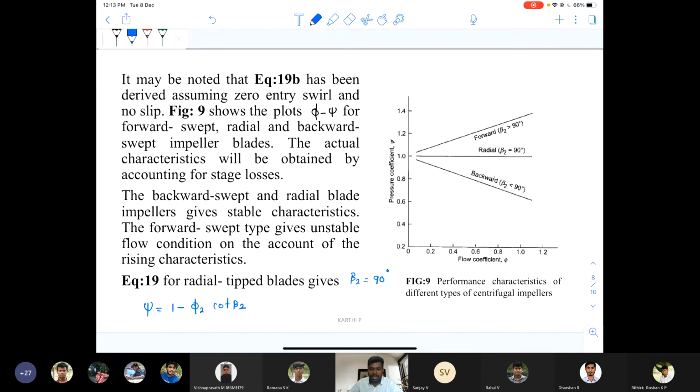If you substitute beta 2 equal to 90 degrees, cot 90 is equal to 0. Therefore, you get the pressure coefficient is equal to 1.